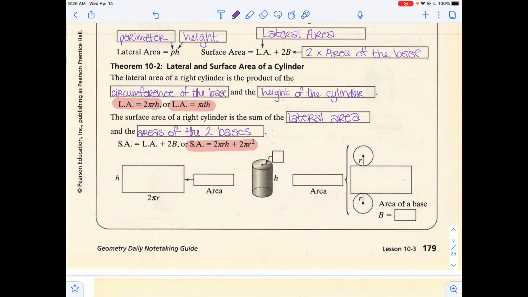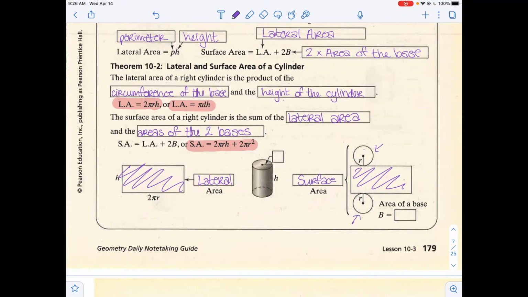Okay, then here, if we're looking over here, if we unroll this cylinder, this is like what would be the label on a can, so that's the lateral area. Okay, so over here we have the surface area because it has the lateral area plus the two bases attached.